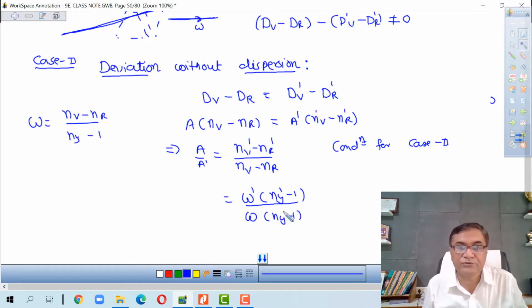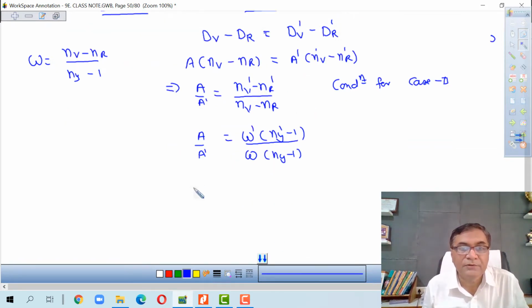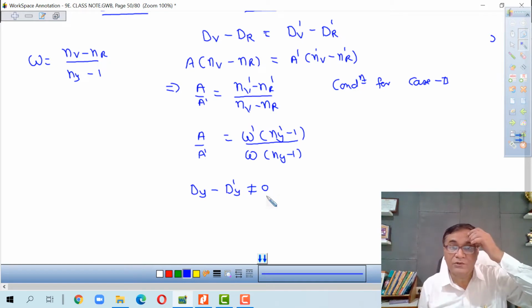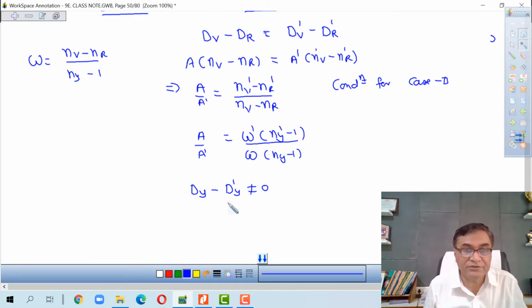We have used our formula. So this is also the condition in terms of resolving power. And net deviation is not equal to 0: D of yellow minus D yellow prime is not equal to 0. So you get net deviation.